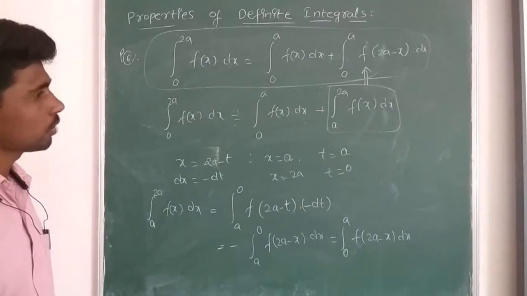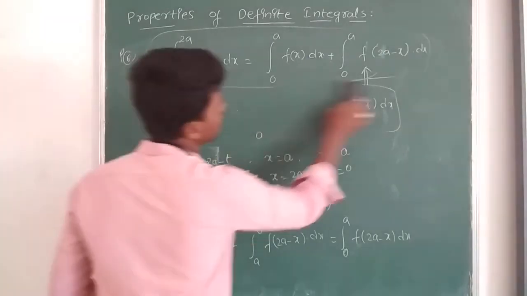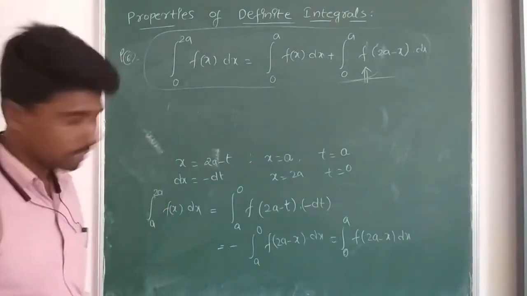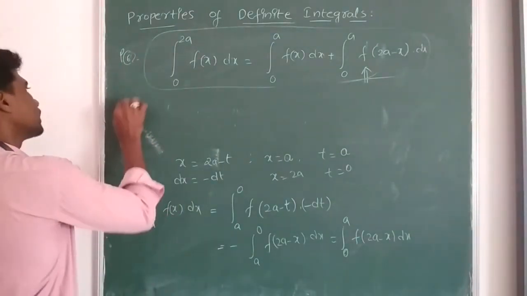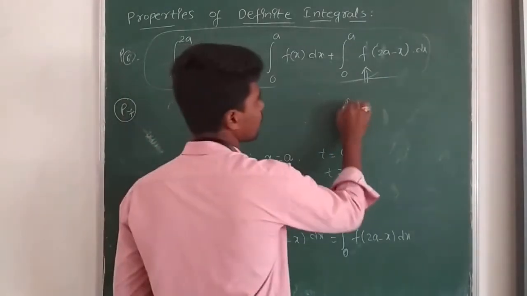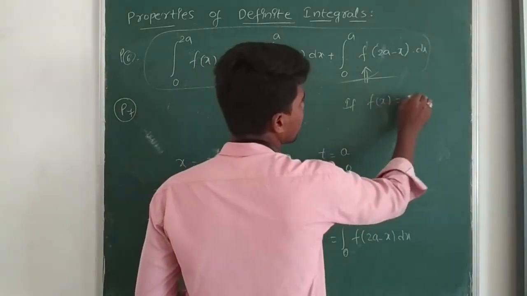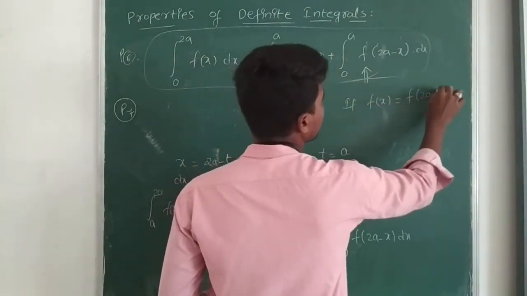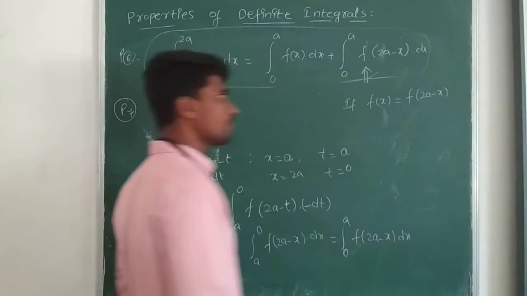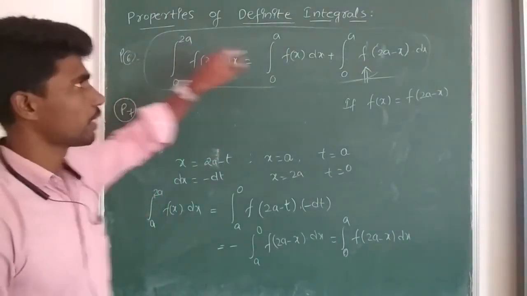So what is that one more thing? That is property number 7. If f of x and f of 2a minus x, 2a meaning this one, not a, right?